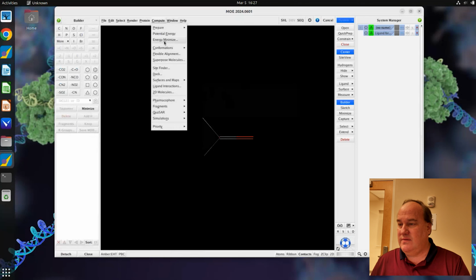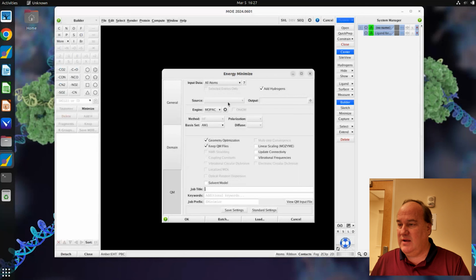And now we're going to set up our quantum mechanical calculation in Gaussian. I'm going to use B3LYP, 6-31G, and use the d option for polarization, no diffuse functions. And then we're going to update connectivity and vibrational frequencies. Now it did put this NMR and vibrational circular dichroism. If you don't want that, just go over to MOPAC, go to Gaussian.